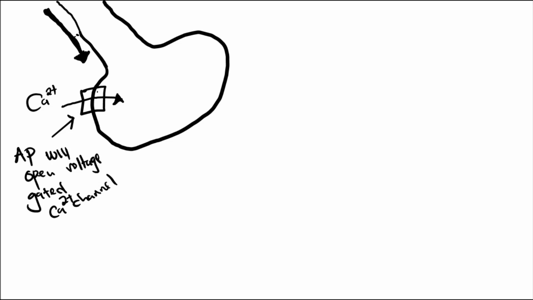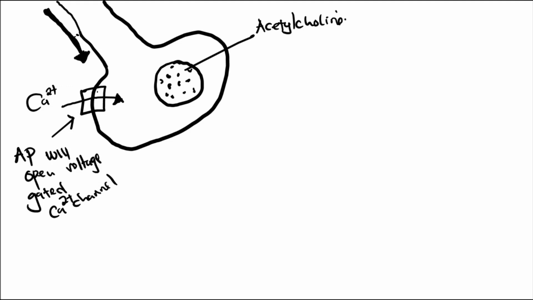When calcium enters here, it will cause a vesicle containing a neurotransmitter called acetylcholine to fuse with the membrane of the axonal terminal. So this vesicle that I just drew here contains acetylcholine.